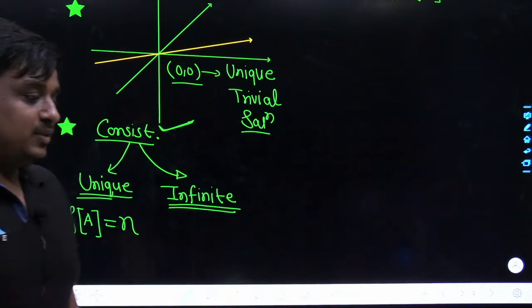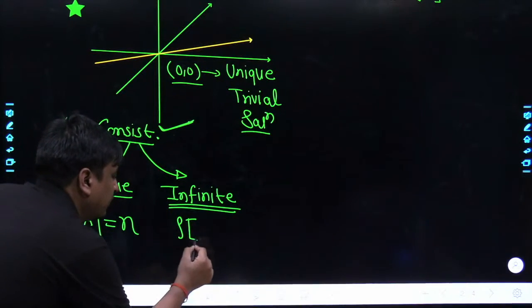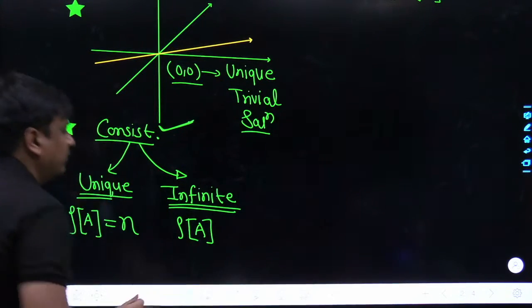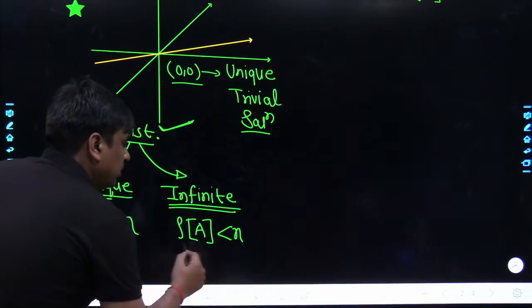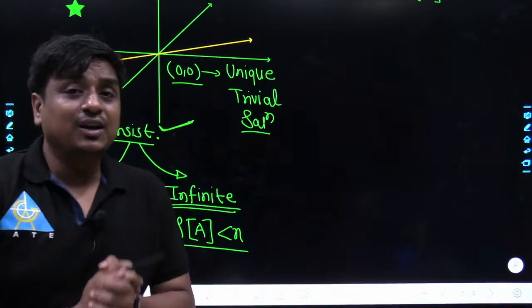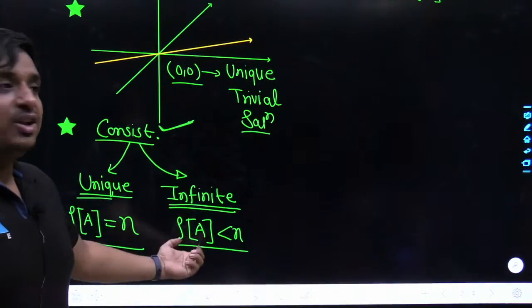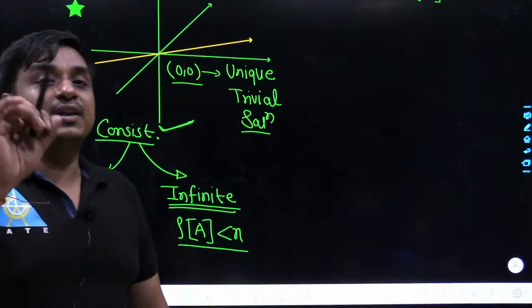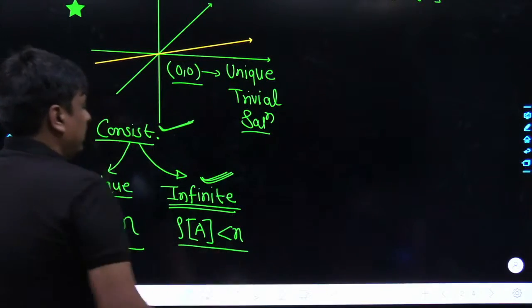Similarly, if the rank of a certain matrix is found lesser than n, what does it mean? That means the number of effective or informative equations is lesser than the variables. So end of the day, you'll have infinitely many solutions.